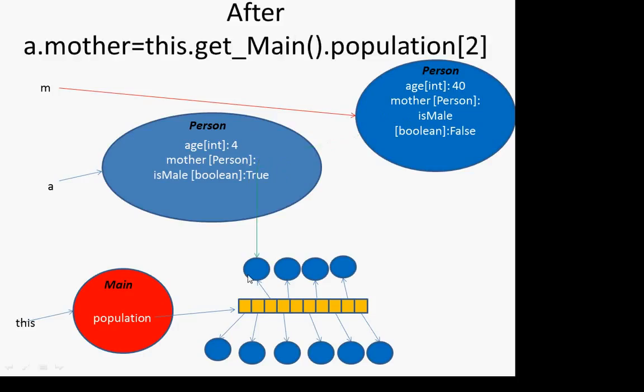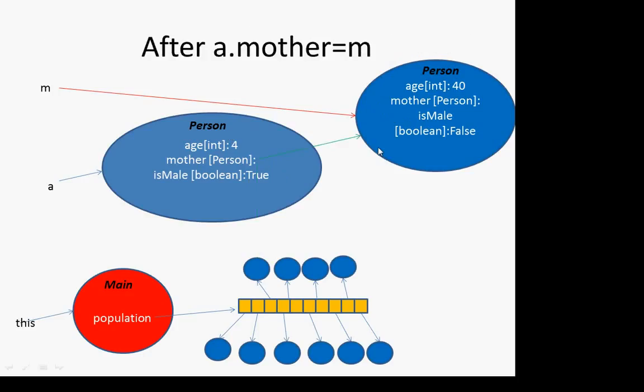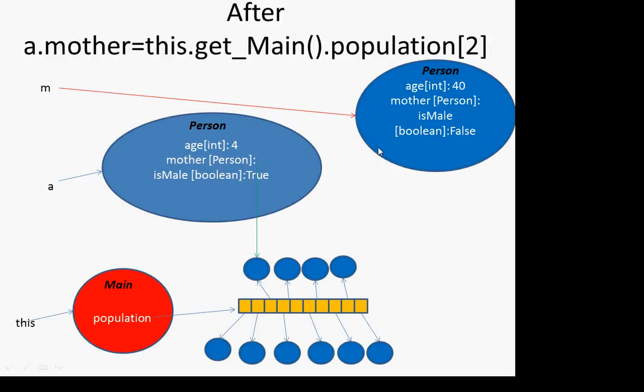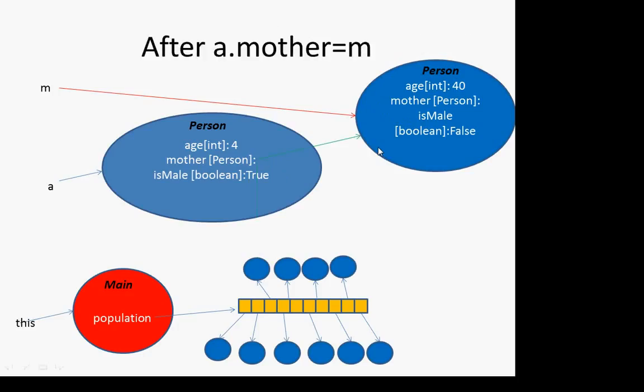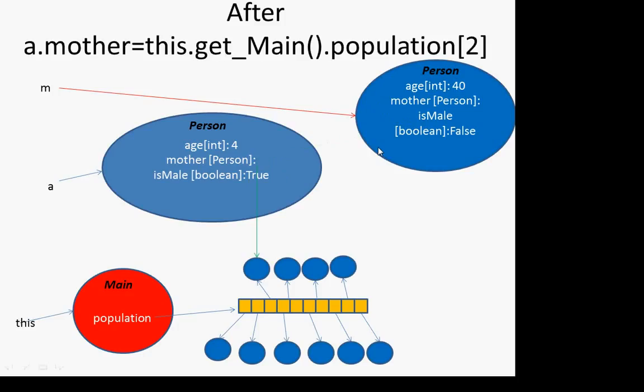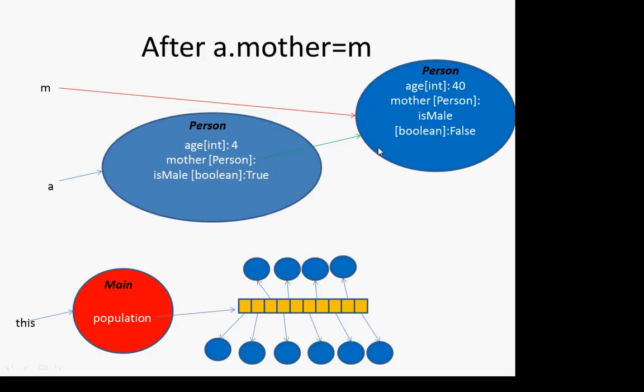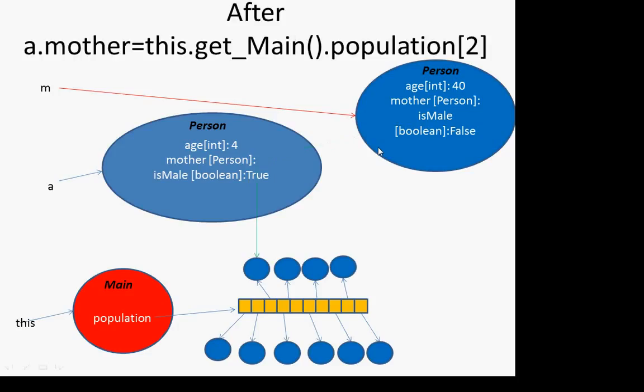Now, if that were the only reference to this person, if M didn't point to it, it might clean that up, but that's because nobody can reference it anymore. It isn't needed. But the point is that when you have an overriding of an existing reference, it doesn't change anything in the state except what A dot mother references from one to another.